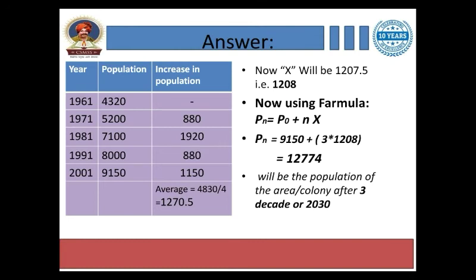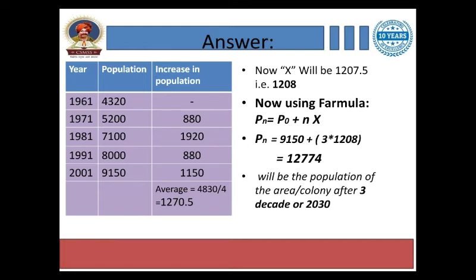Then look over the table carefully. In this table we have to calculate the third column, the increase in population, right? So we subtract the population of 1961 from the population of 1971: 5200 minus 4320, we get 880.